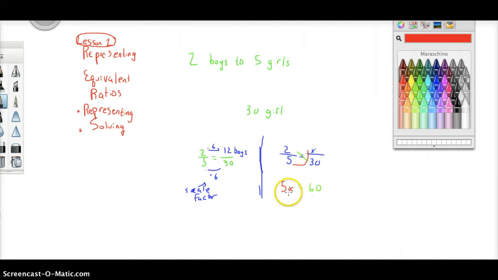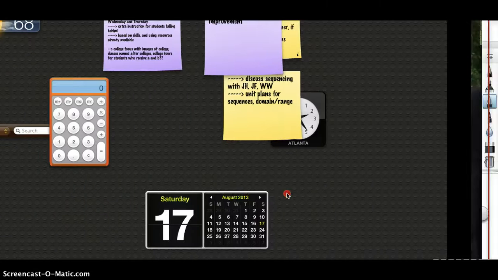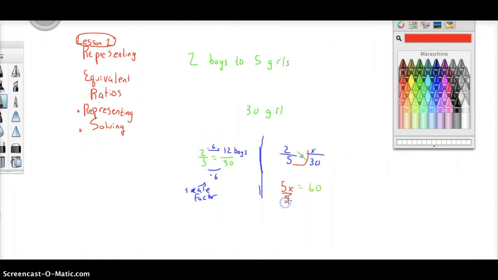To solve this, the inverse of multiplying by 5 is dividing by 5, and I have to do the same to both sides. So I end up with x equals 12. Same solution. I still have 12 boys, just like I got the other way.